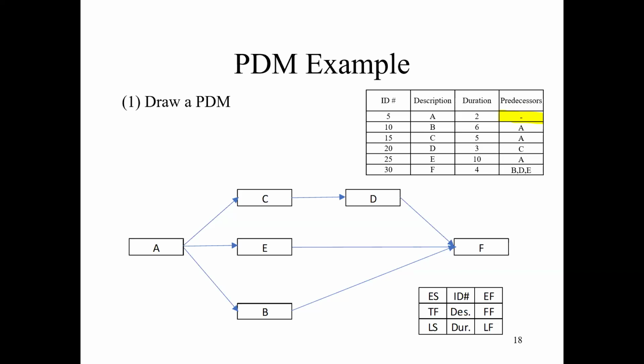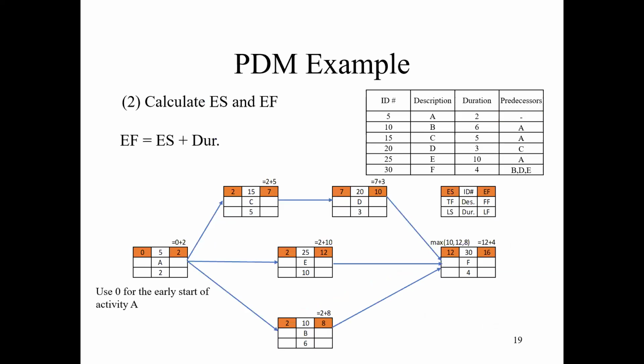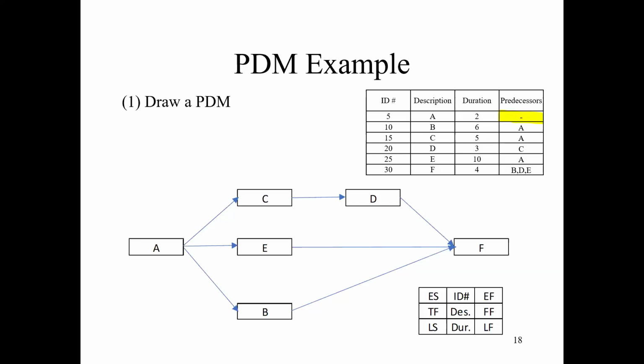Put the legend beside your diagram, and then you will do this 9 box for each of them. So you have 6 activities, and that means you will do a box over here.